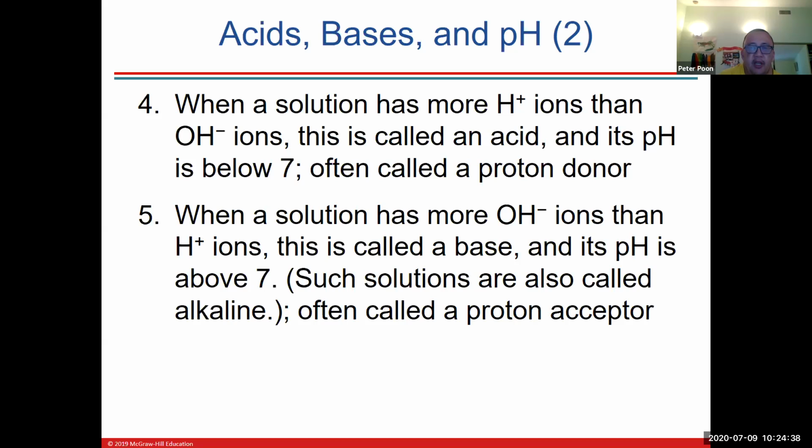When a solution has more OH minus, then it's called basic, or alkaline, which is the other term in biology. And it's a proton acceptor.